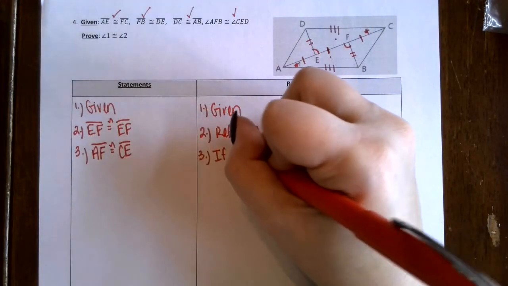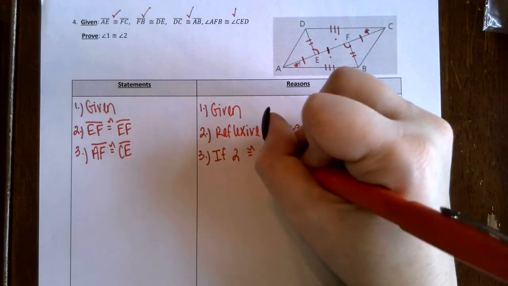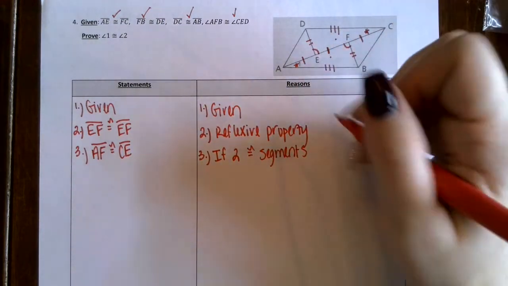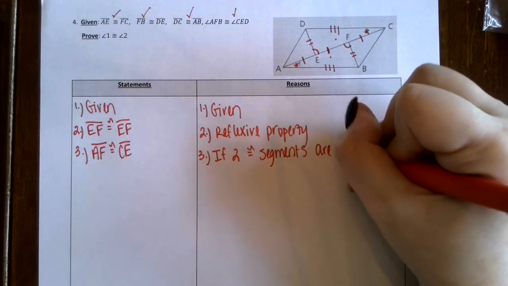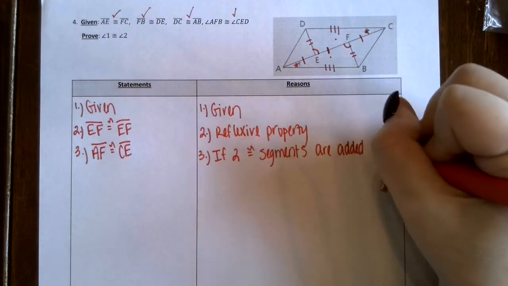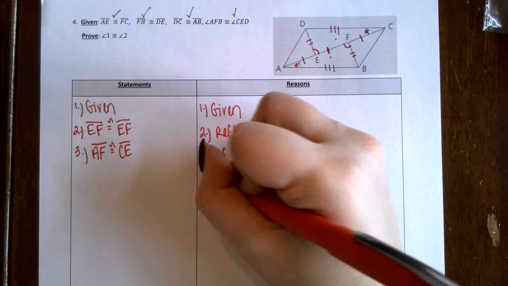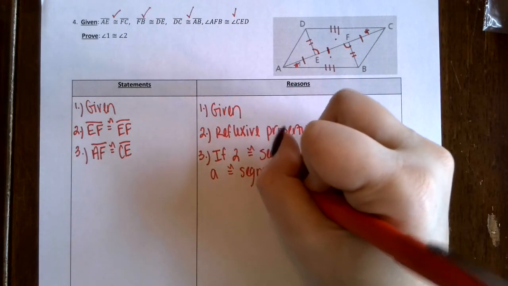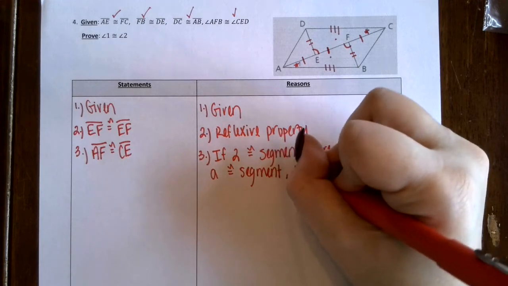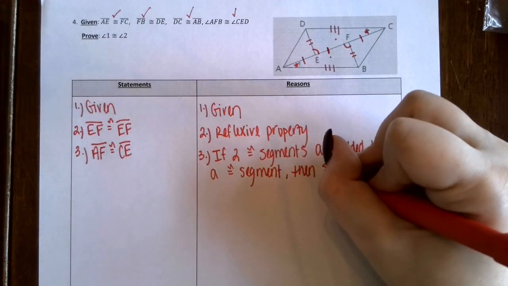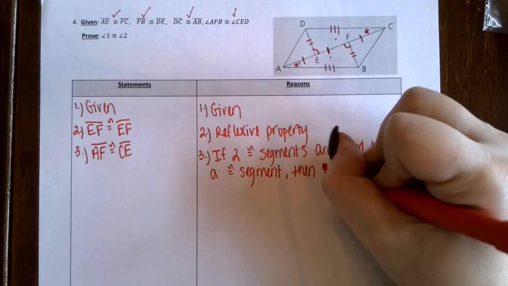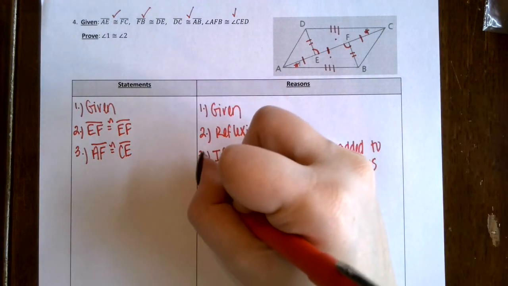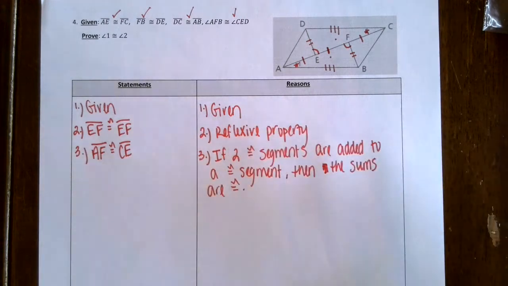If two congruent segments, which are my smaller pieces, the AE and the CF, are added to a congruent segment, which is my reflexive, addition, we would have sums. Then, the sums are congruent.